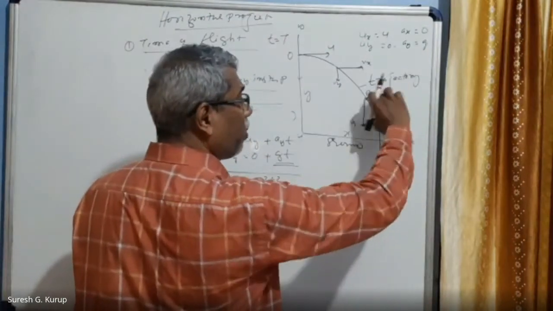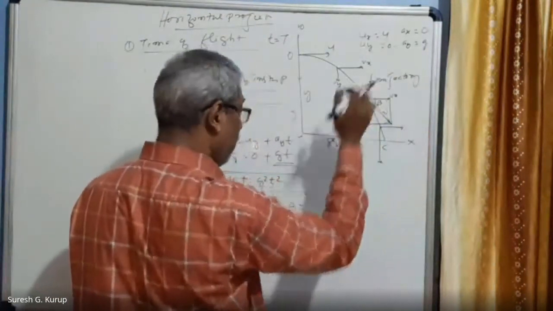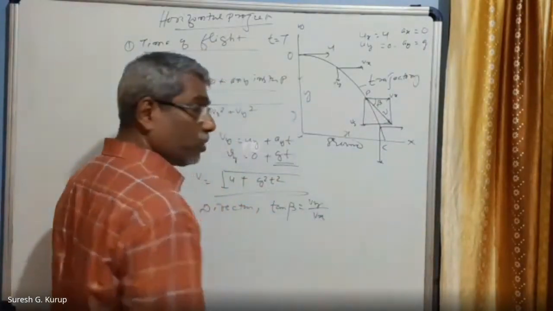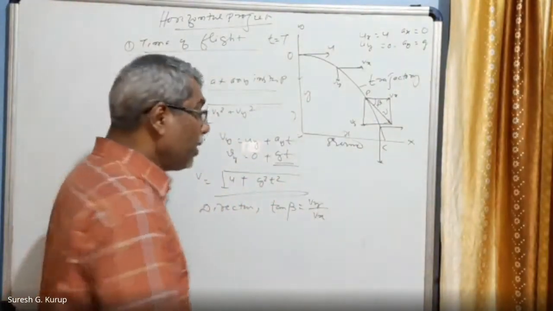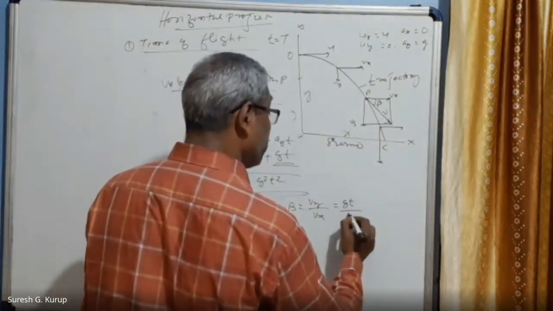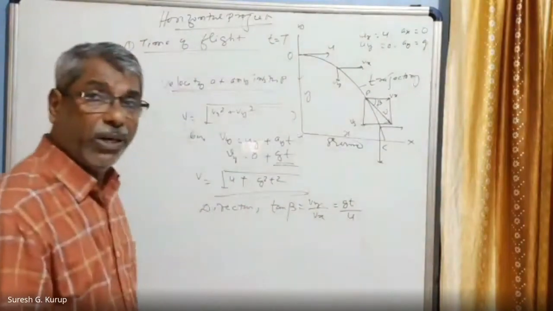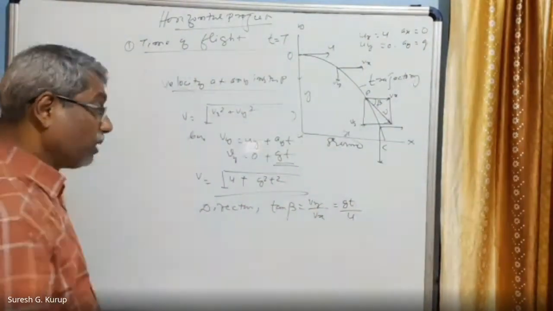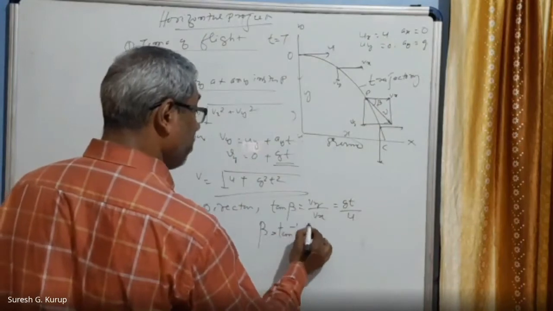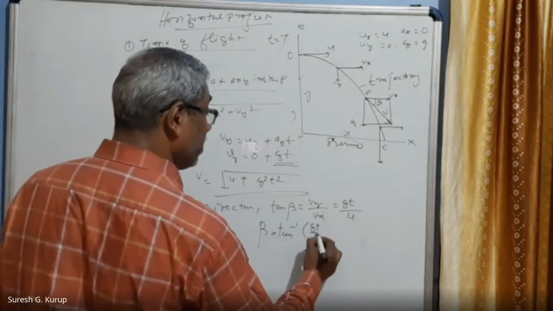Perpendicular is just Vy, so Vy by Vx. Vy we have proved is equal to gt, and Vx is simply U. So tan beta is gt by U. Therefore, beta is equal to tan inverse of gt divided by U. This is also very important.